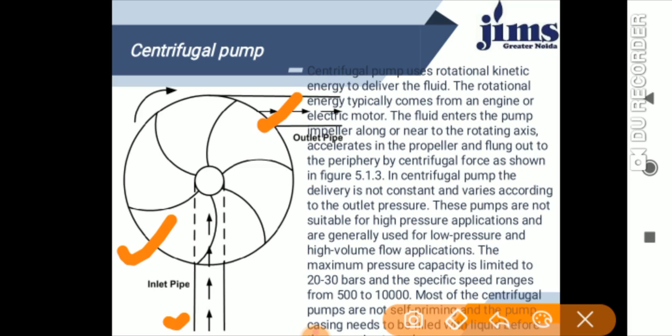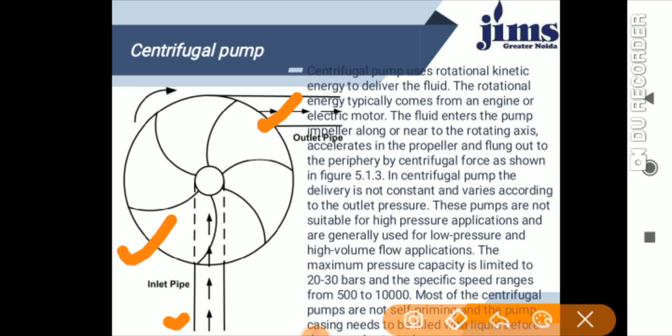In a centrifugal pump, the delivery is not constant and varies according to the outlet pressure. So these pumps are not suitable for high pressure applications, and are generally used for low pressure and high volume flow applications.